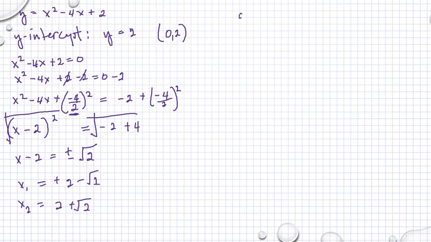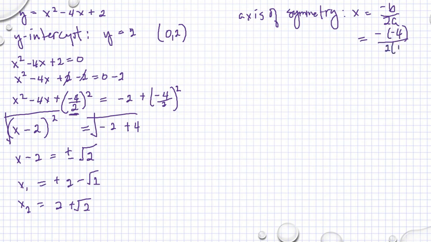The axis of symmetry is always like this: x is equal to negative b divided by 2a. Then we have negative 4 divided by 2 times 1. Then we have 2. So our axis of symmetry is 2.